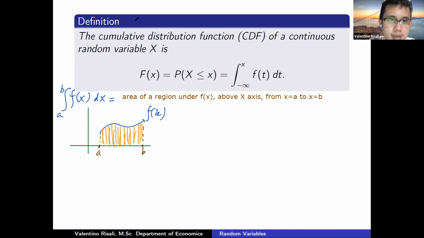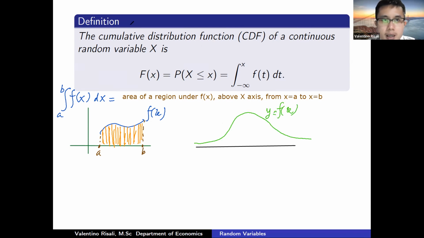With this concept, we illustrate this integral to be the area of the region under the function little f above the x-axis from negative infinity to x. So if we have a function like this, this is the PDF.